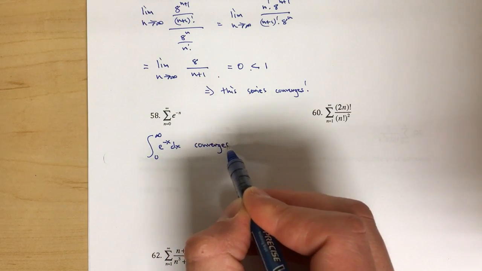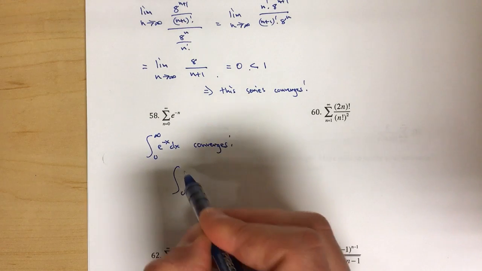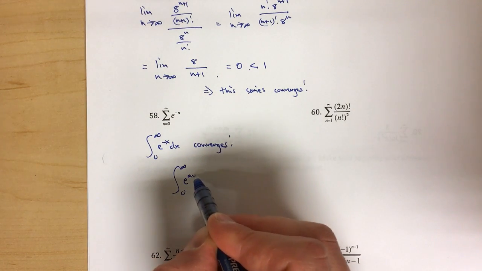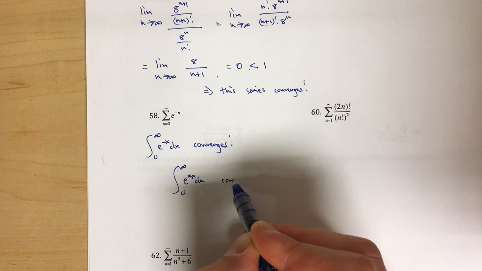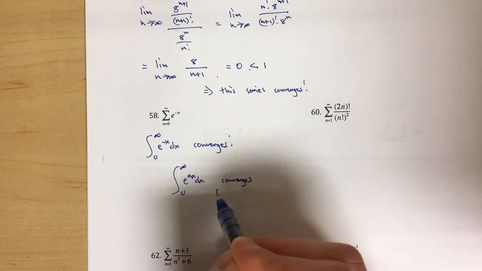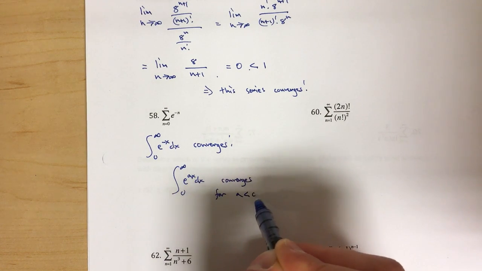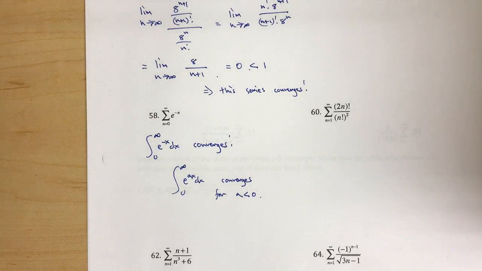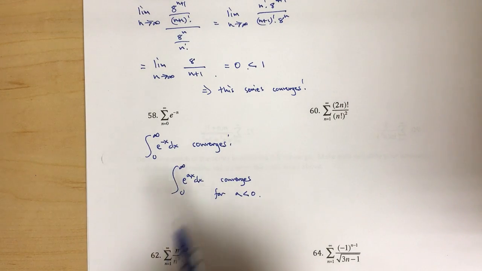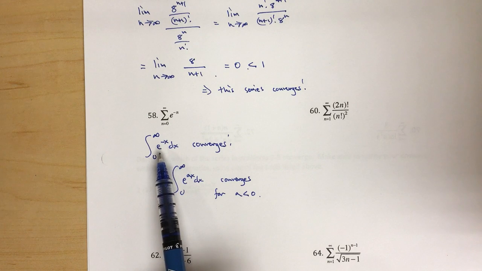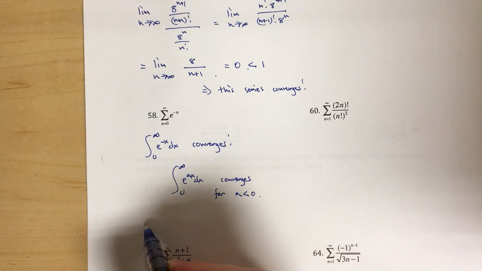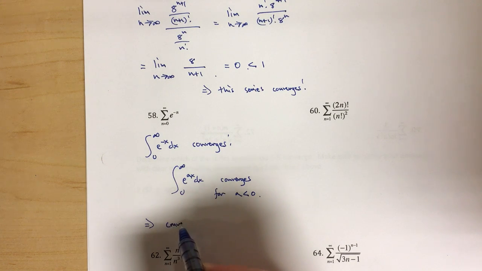We can just claim it, because we know that the integral from 0 to infinity of e to the ax dx converges for negative a, and in this case, a would be negative 1. So we're actually done. We could find this integral definitely by taking a limit, but we already know it converges. So I'm just going to say converges by the integral test.